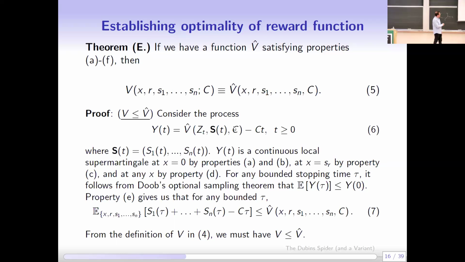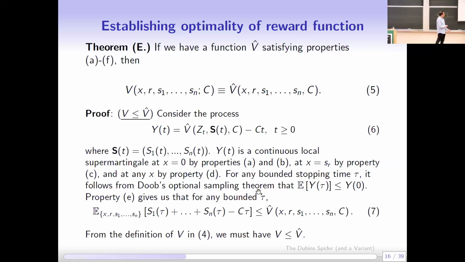And C again is this constant that we're going to set to 1/2 later. Now we can invoke the properties. By A and B, Y will be a continuous local supermartingale at x equals 0. It will also be a continuous local supermartingale at x equals S_R by property C. And it will also be a continuous local supermartingale at any x by property D.